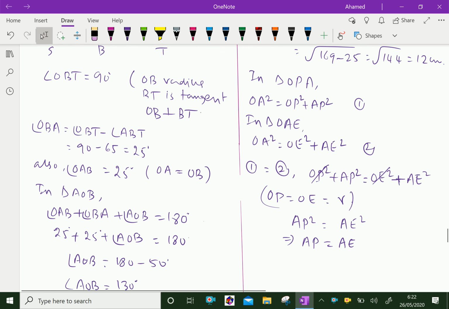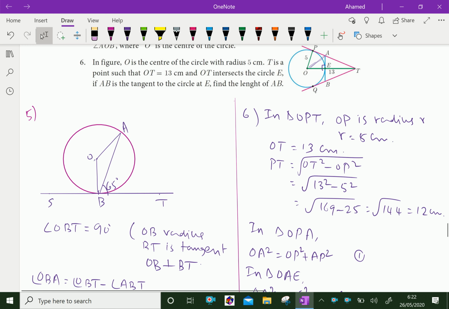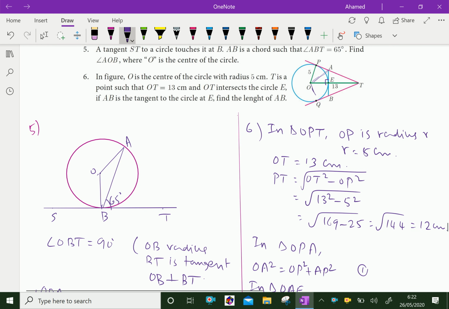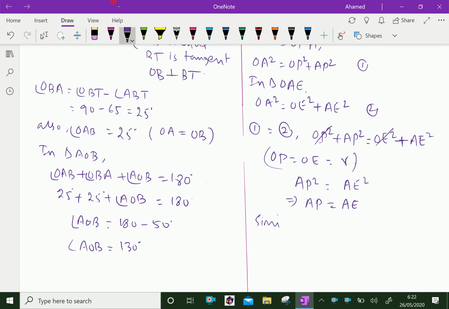We can say it is a figure of a kite. Similarly, for the downside figure OEBQ, same as OPAE, BQ equals EB.